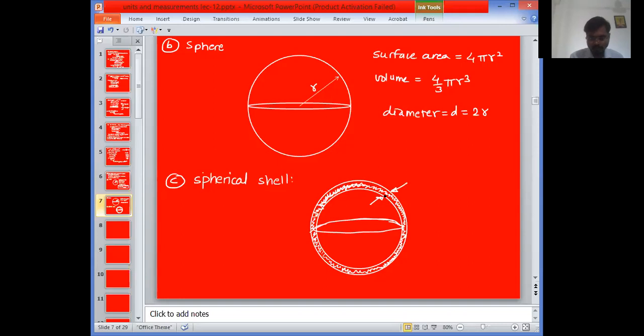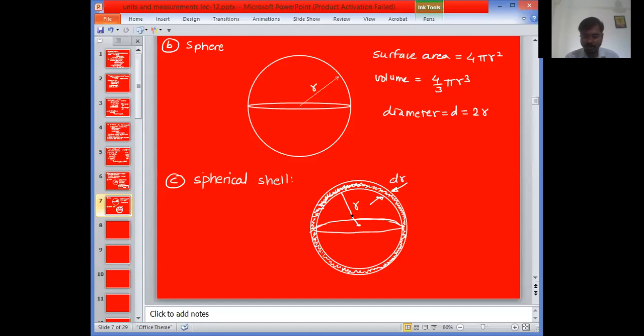Let us write down first the radius. Let's say the radius is r. Thickness is very small, right? Very small thickness is denoted by dr. If a very small value x you want to denote, it will be written as dx. For very small values, generally we use the letter d.